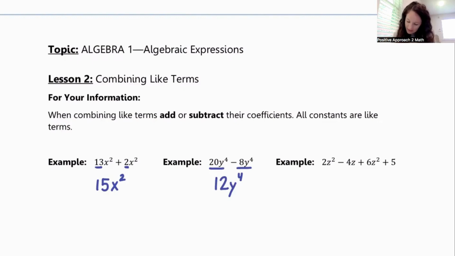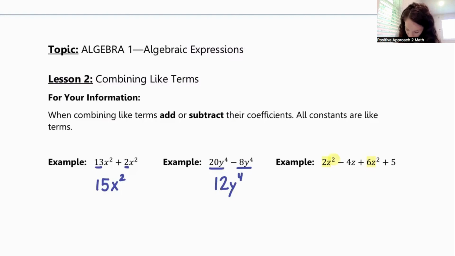And this last example in this first row, we have a mix of things. So we see that algebraic expression, and I'm going to skim it and say, okay, do you see any like terms? So I see 3 things with a z. However, only 2 of them are like terms, and it would be that 2z squared and the 6z squared.